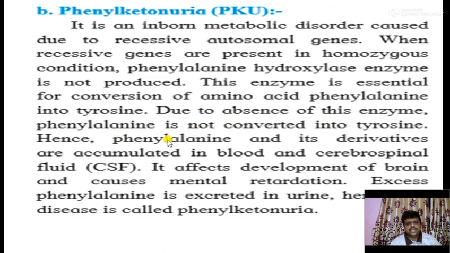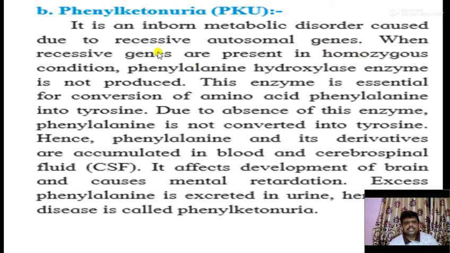Hence, phenylalanine and its derivatives are accumulated in the blood and the cerebrospinal fluid. So, due to the deficiency of this particular enzyme, this enzyme is not produced due to the presence of recessive genes in the homozygous condition.